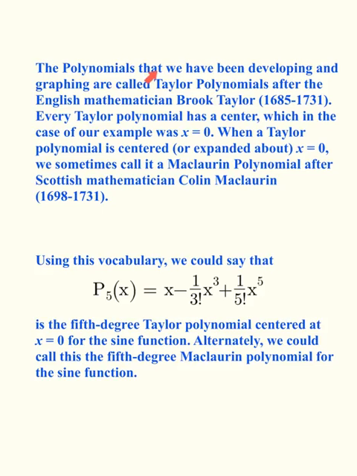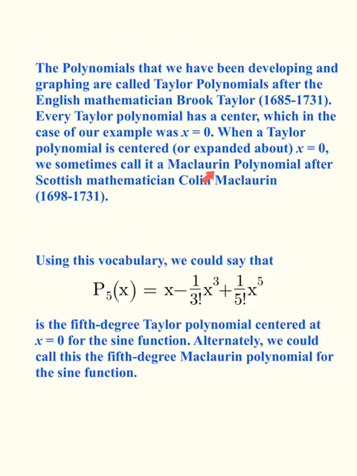Now, the polynomials that we have been developing and graphing, these are called Taylor polynomials, after the English mathematician Brook Taylor. Every Taylor polynomial has a center, which in the case of our example that we just did was x equals 0. When a Taylor polynomial is centered or expanded about x equals 0, we sometimes call this a Maclaurin polynomial, after the Scottish mathematician Colin Maclaurin.